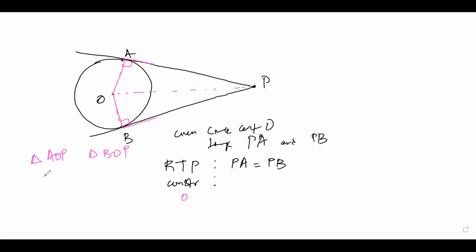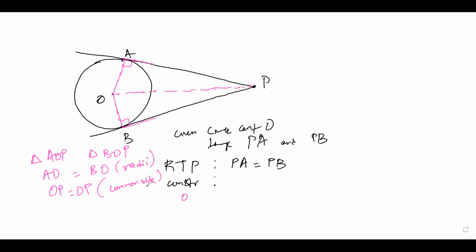So can you see that AO is equal to BO because they are radii. Second point, look for a common side. 99% chances are you will have a common side. What is common? Can you see? OP is the wall between you and your neighbor, between the two triangles. So OP is OP on both triangles. Your reason will be common side.